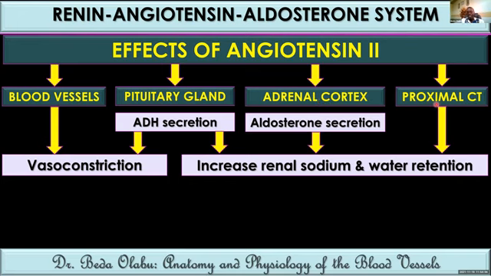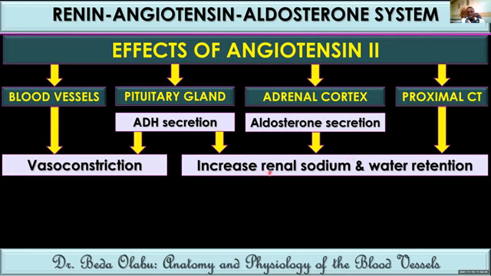I told you that there's another site that angiotensin II acts, and that is on the hypothalamus. On the hypothalamus, angiotensin II increases the sensation of thirst. So if it stimulates the sensation of thirst, how will you respond? By taking more water.